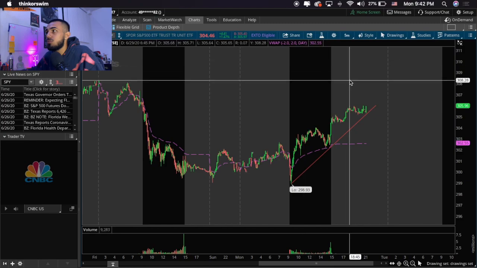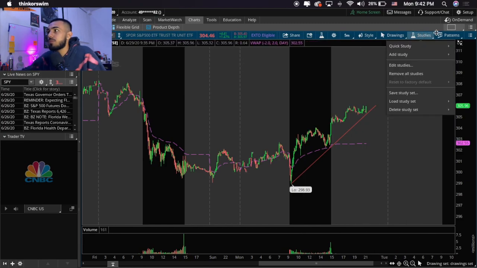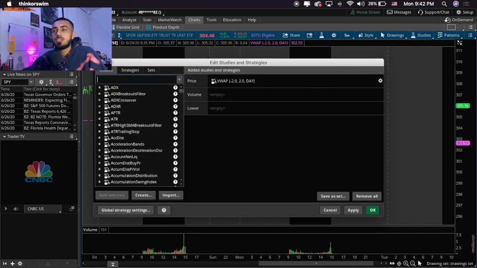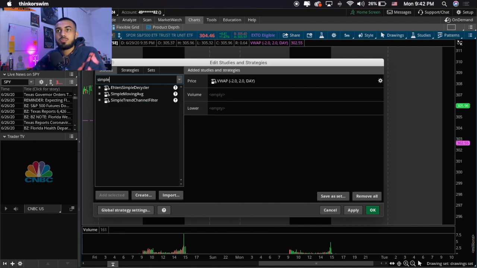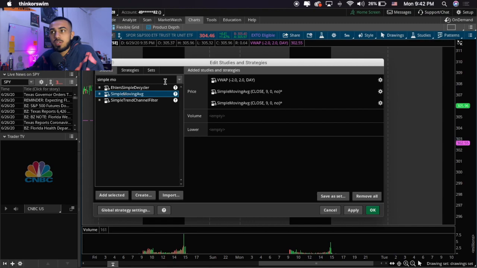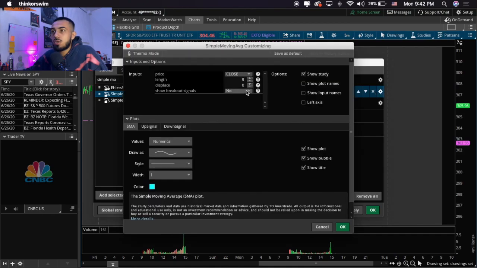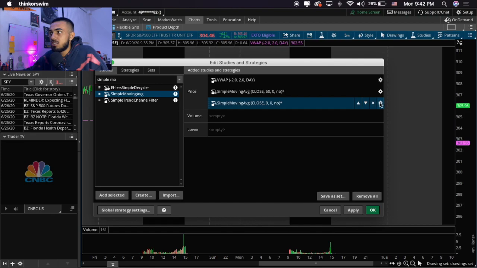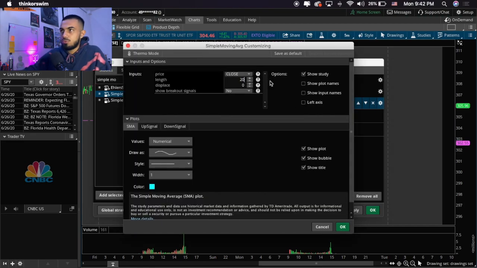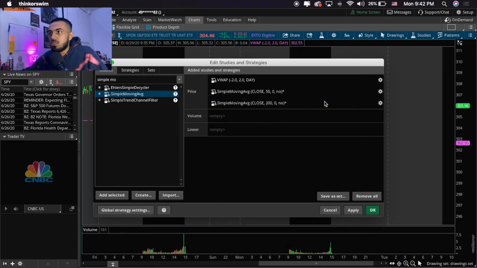Okay, if we go to studies here and go to edit studies, I like to use the simple moving average, okay? And it is what it sounds like, the moving average of the price. Now, I clicked it twice because I want 2 moving averages, and so I changed this to 50, and I changed this to 200, okay?